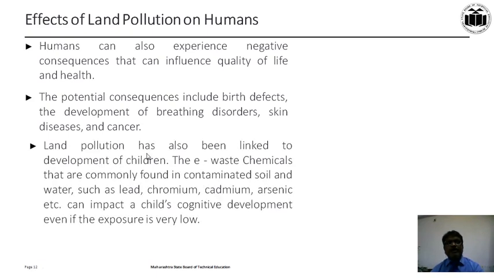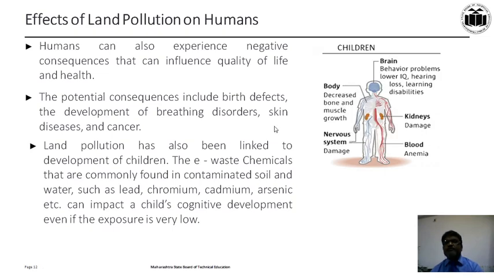Land pollution has also been linked to the development of children. The e-waste chemicals commonly found in contaminated soil and water, such as lead, chromium, cadmium, arsenic, etc., can impact a child's cognitive development even if the exposure is very low.